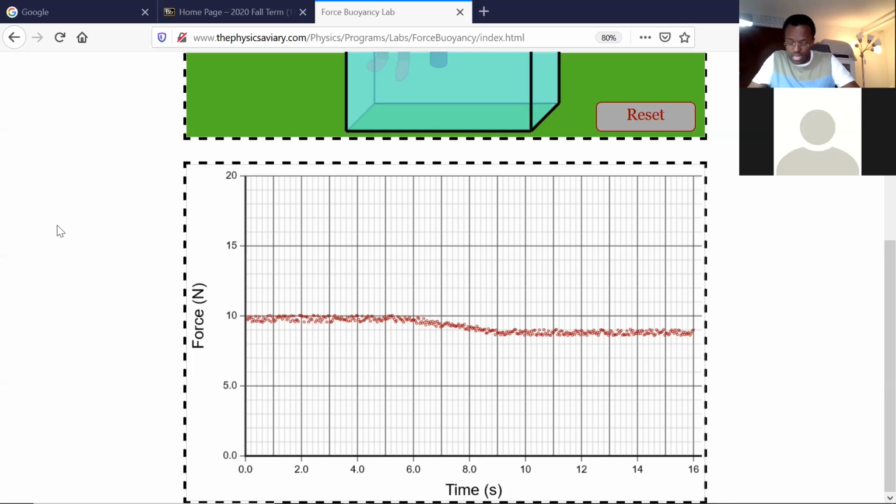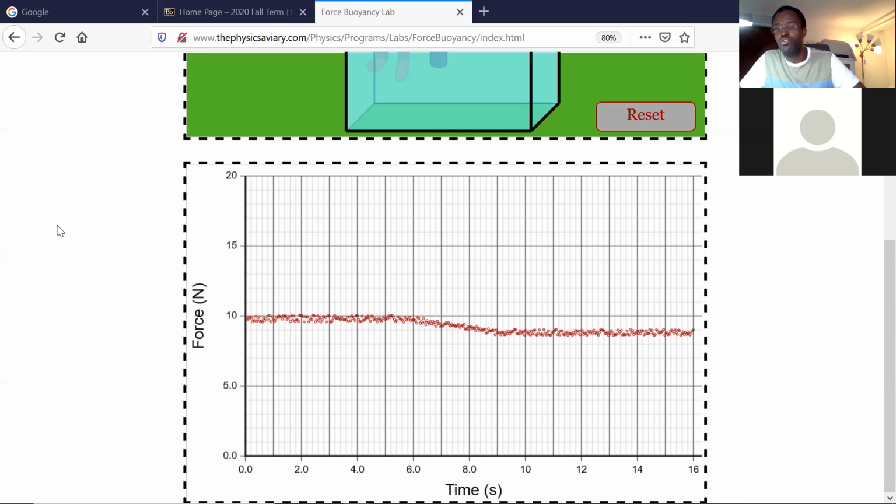For the second lab, you will plot the buoyant force versus the density, because we are changing the liquid. The fluid in which the bottle is submerged has a different density as you change to a new fluid. We want to know the relationship between the buoyant force and the density.